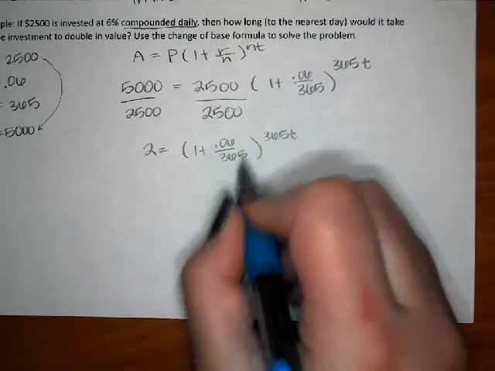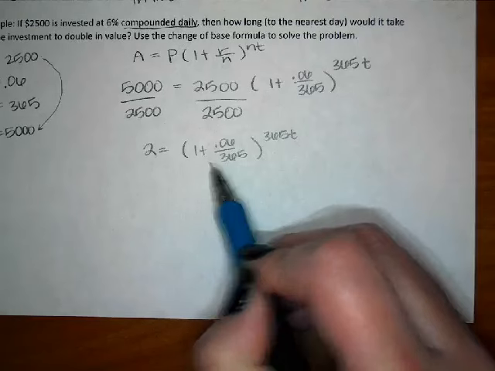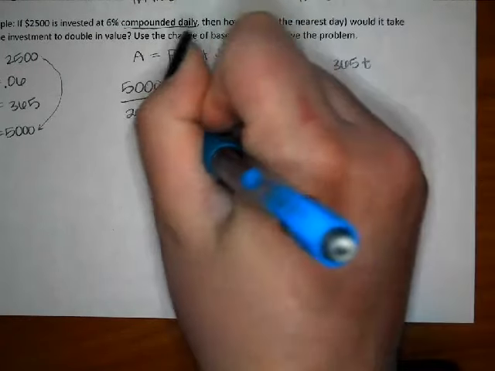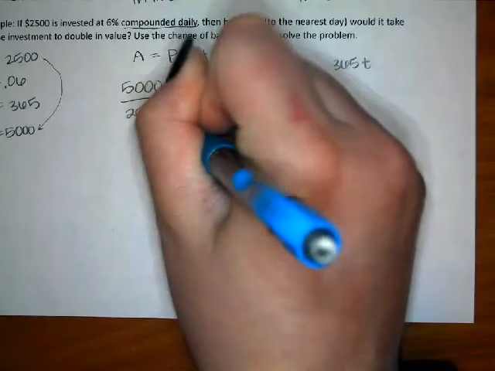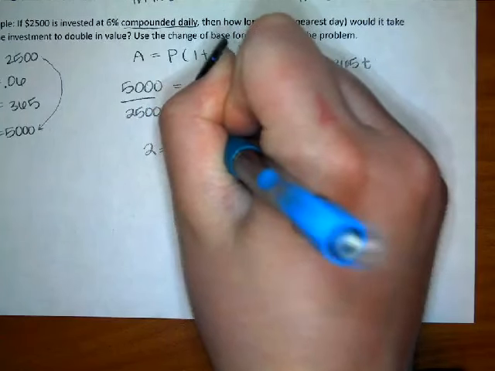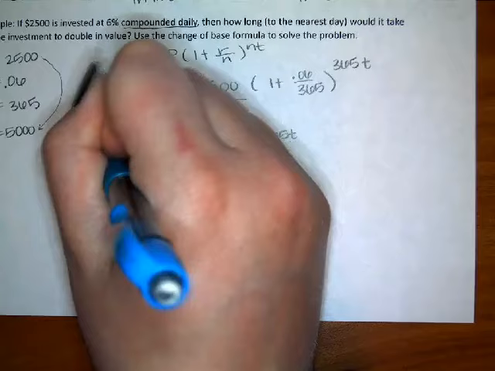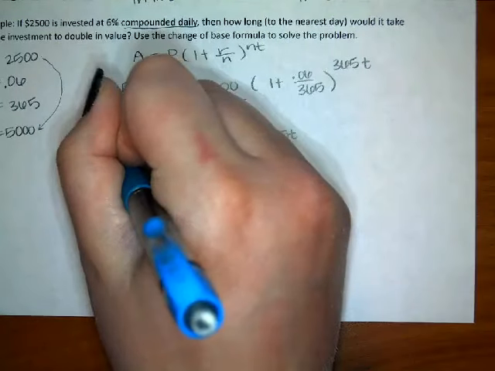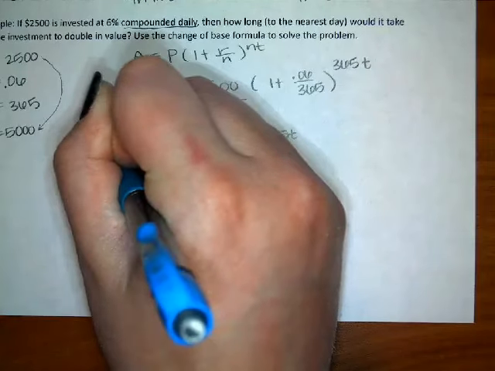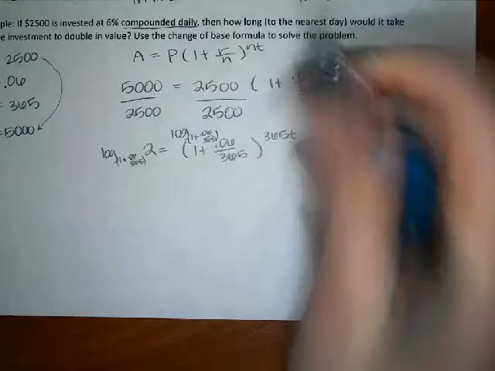Okay, so to solve this problem, I need to get rid of the base of the exponent. So I'm going to say log base 1 plus 0.06 over 365 on the right side, and log base 1 plus 0.06 over 365 on the left side. So this is my base of my logarithm because I have to undo the base of the exponent, and it's just kind of a messy number.